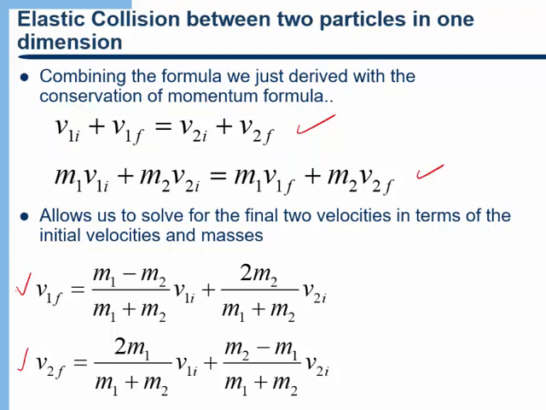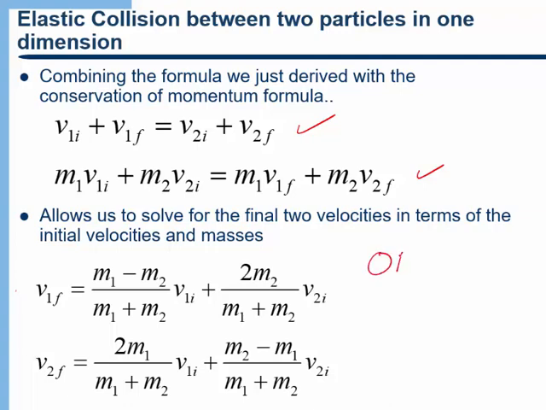But let's look at the results. What we find is if we have a one-dimensional collision and we know that the collision is elastic, we know that the objects aren't getting deformed, there's no kinetic energy lost, then we can determine the final velocity of each of the two objects simply by knowing what their initial velocities were and what their masses were.